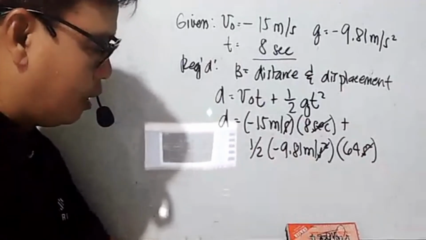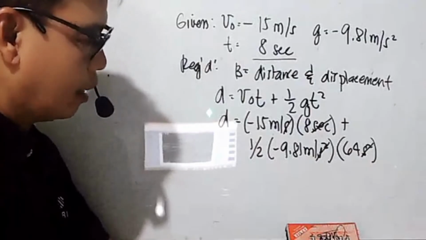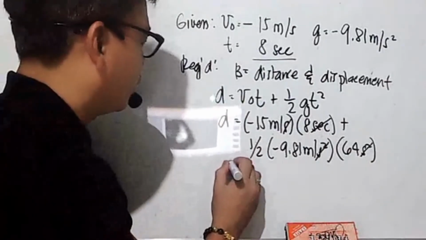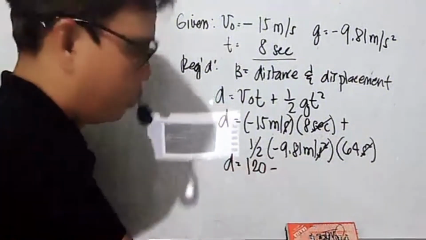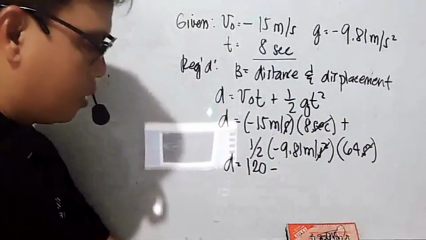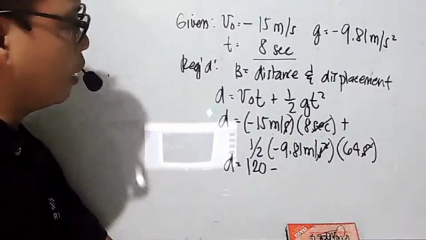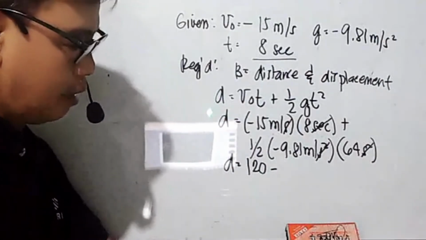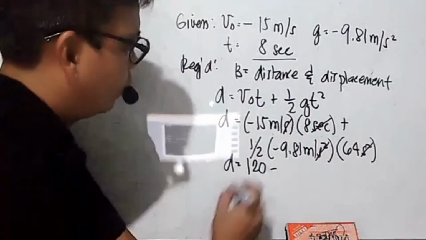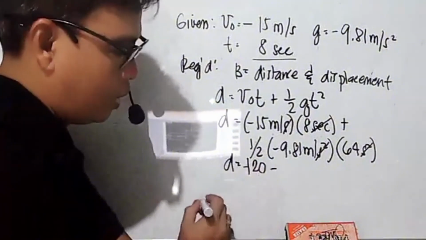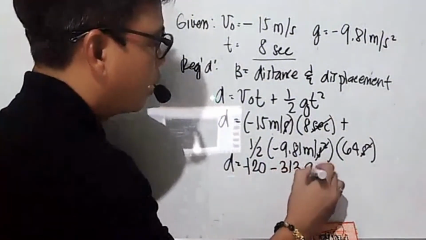So let us solve this one. Negative 15 multiplied by 8 is equal to negative 120. So D is equal to negative 120, and then minus 64 multiplied by 9.81, times 1/2. So that is negative 120 minus 313.92.